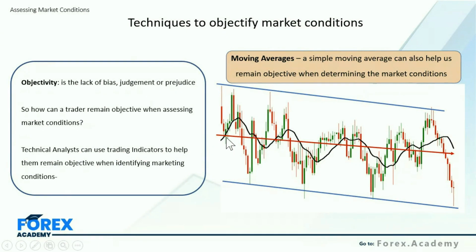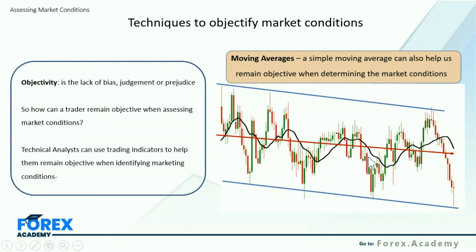And as you can see, you should arrive at the same conclusion, which is that this market is ever so slowly drifting slightly to the downside, but is very, very much range bound, because we're getting prices breaking above the moving average and below the moving average. And this is happening on many, many occasions. That's why a simple moving average can assist you with remaining objective about what is truly happening with this market.